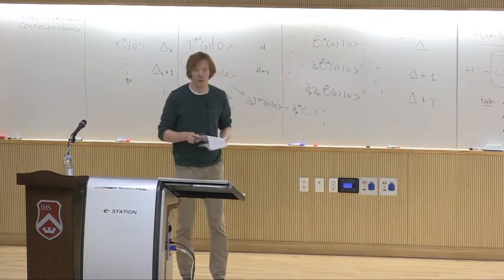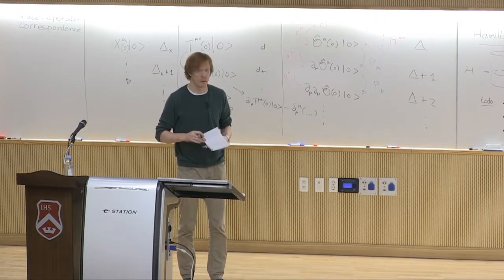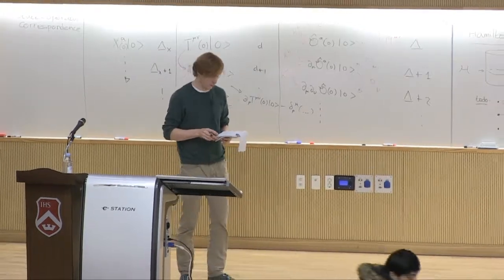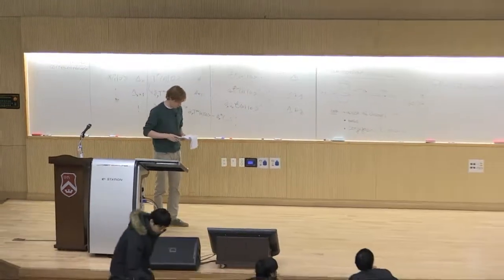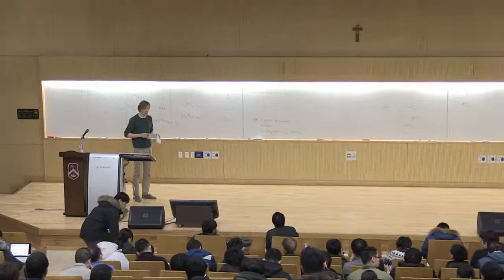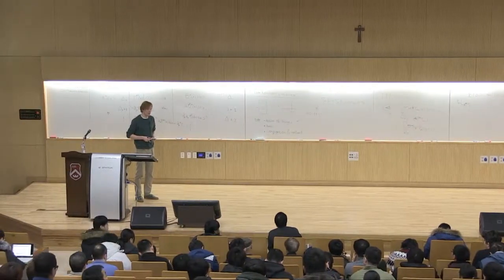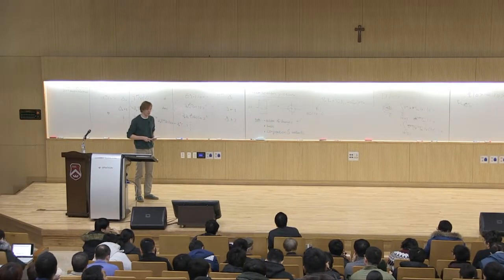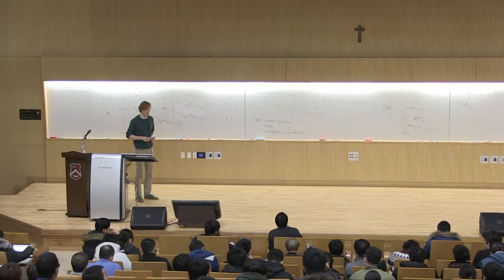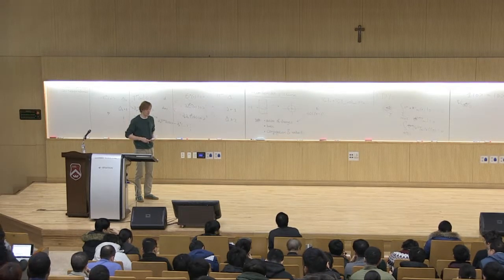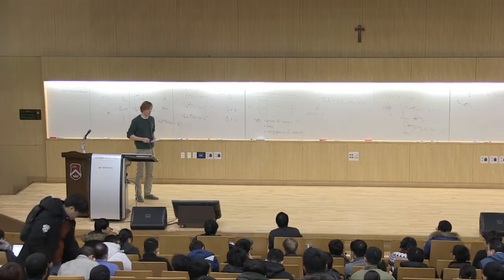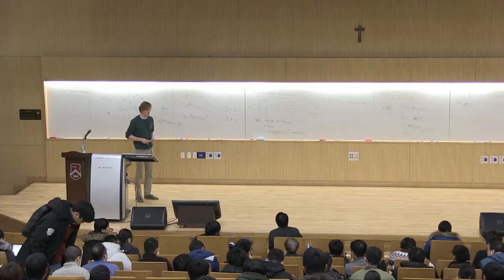Okay, more questions? I'm a bit confused. The identity operator is a primary. If you act with P mu on the identity operator, you get 0, and its eigenvalue for the rotation operator is 0, right?